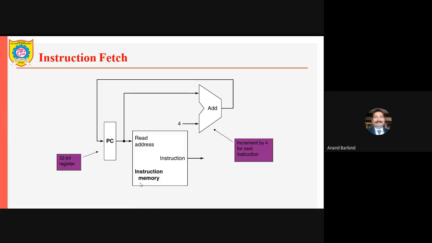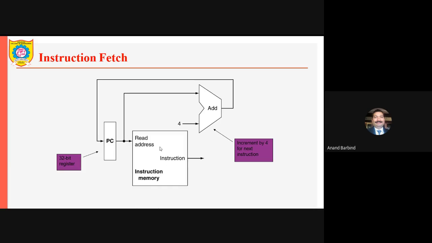So out of 4 gigabytes, the appropriate memory location where the next instruction is stored is pointed to by this particular PC register, and this PC register will select that particular memory location.